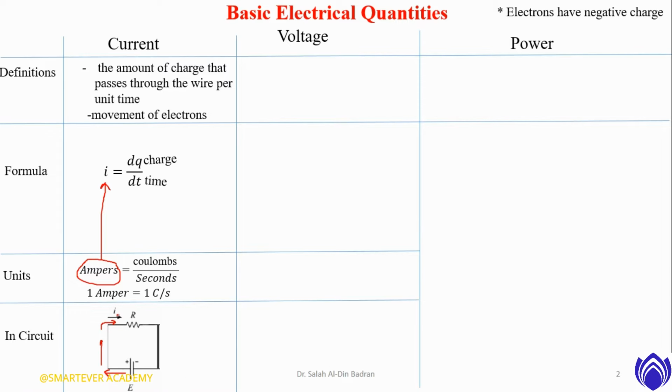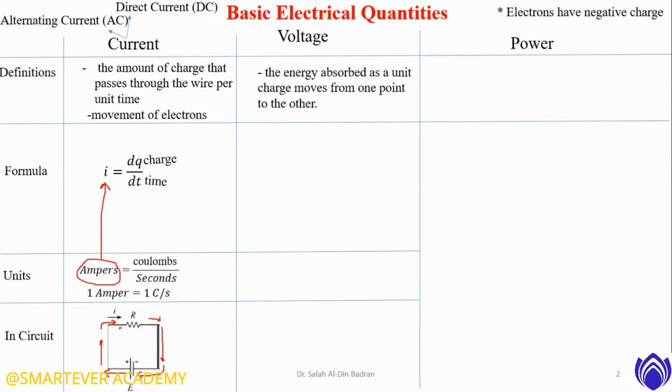As you see, this arrow continues in this circuit and again returns back to the source. This is how we denote the current. There are two types of currents: direct current, DC, and alternating current, AC.